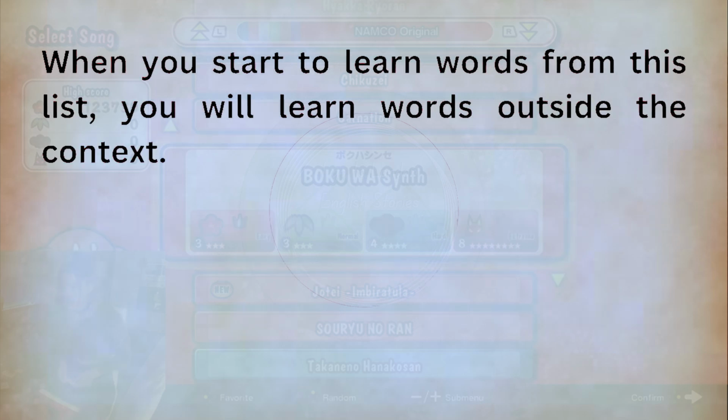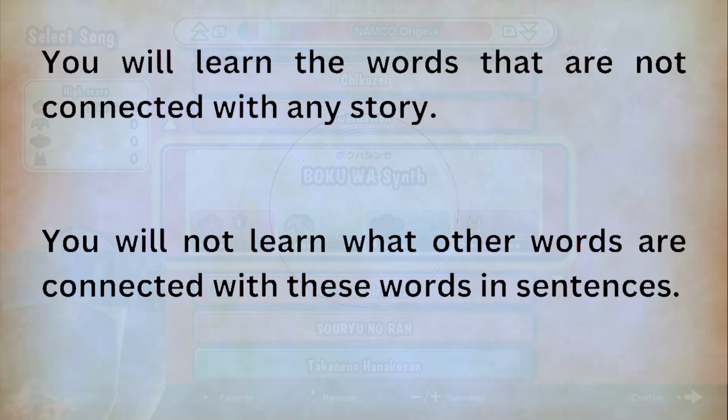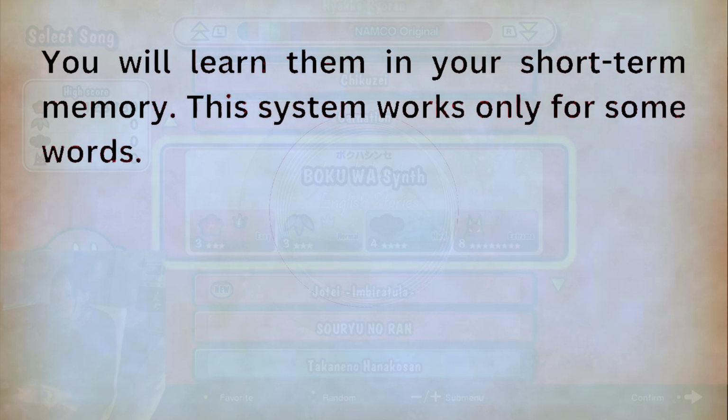When you start to learn words from this list, you will learn words outside the context. You will learn the words that are not connected with any story. You will not learn what other words are connected with these words in sentences. You will learn them in your short-term memory.